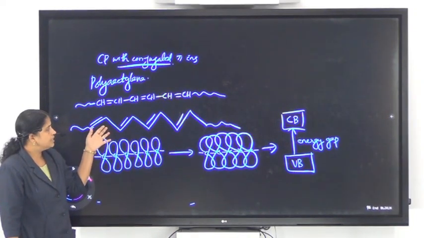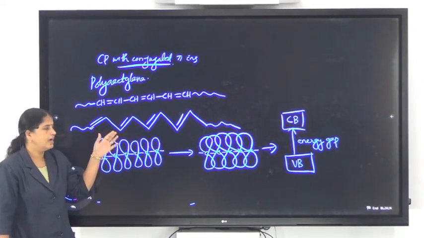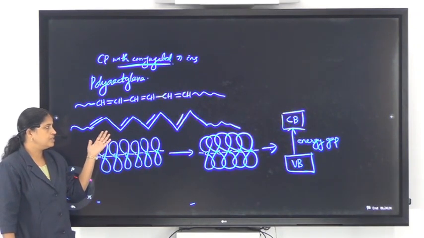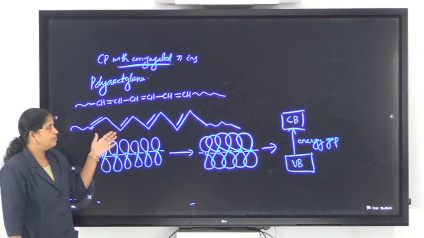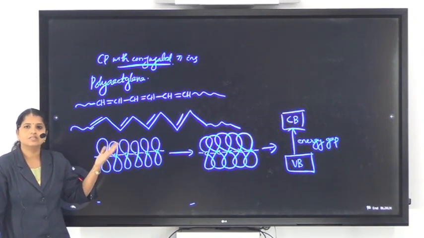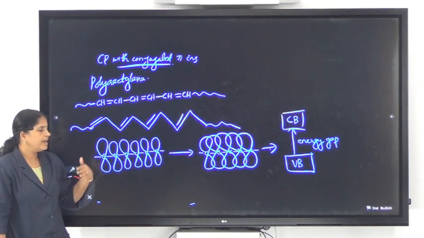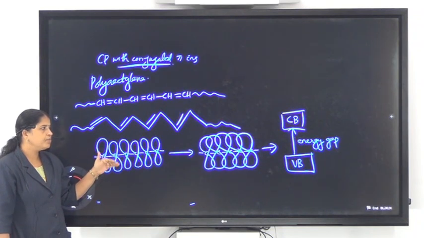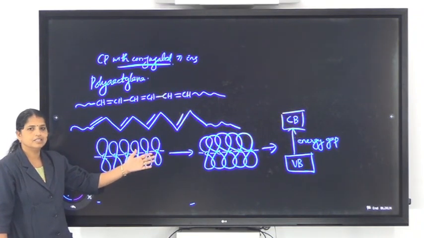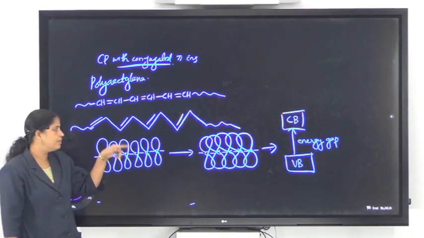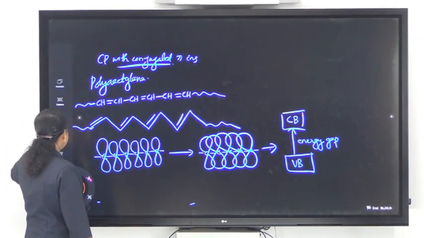Then these conjugated pi electron conducting polymers are easily oxidized or reduced. Because they possess low oxidation potential and high electron affinity, they can be easily oxidized and reduced. So by oxidation or reduction, we can improve the conductivity of these polymers, and that is the next category of polymers, that is doped conducting polymers.